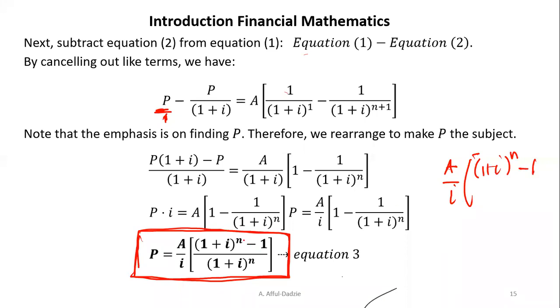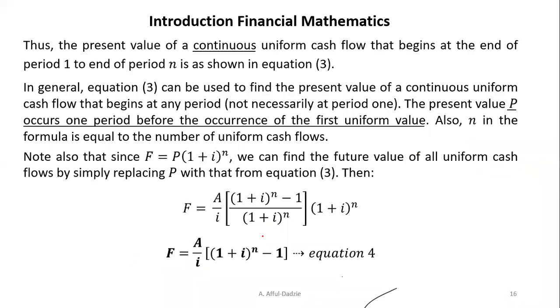Please bear in mind this minus 1 is not the n minus 1. It is everything here minus 1, all divided by 1 plus I to the power n. So this would give you the present value for annuity. So for a uniform cash flow, this expression here is what we use to find the present value.